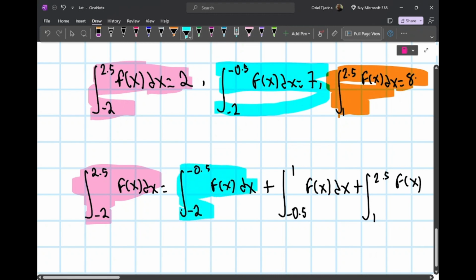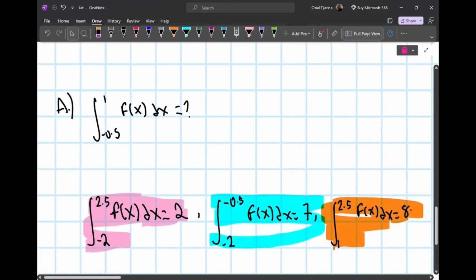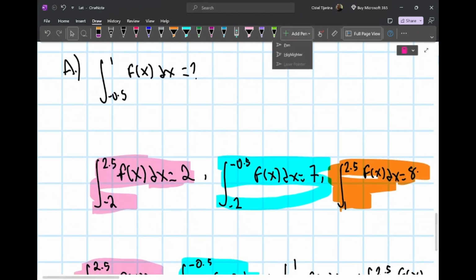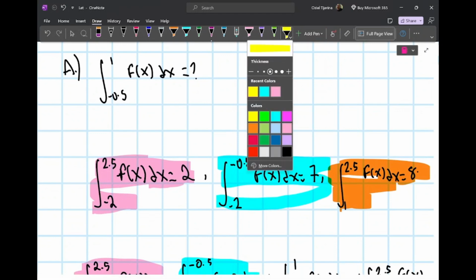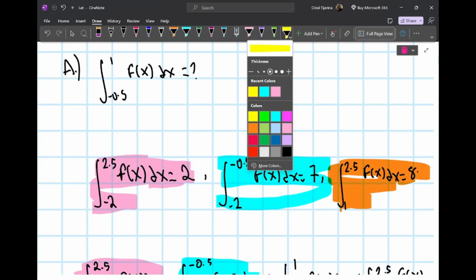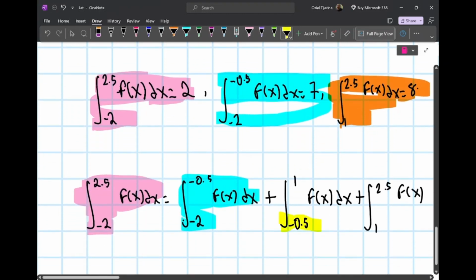And then the -0.5 to 1, that's exactly what we're looking for, so I'm going to highlight this part in yellow.